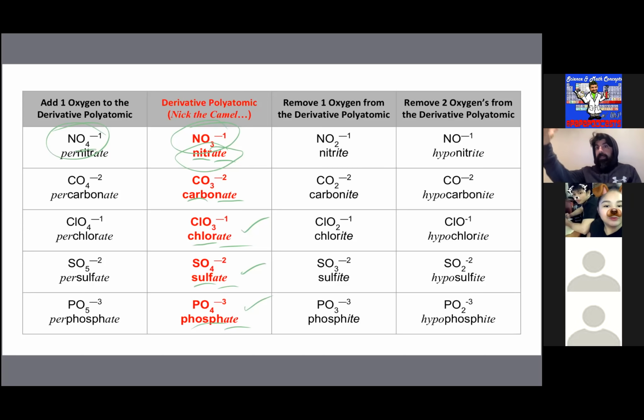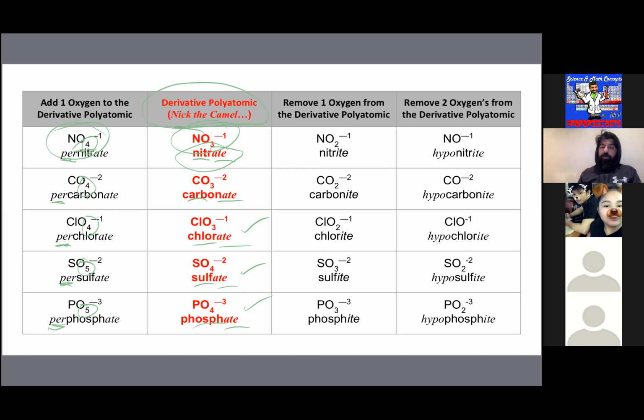That's how that polyatomic ion happens to be. So we add a per in front of the polyatomic if it has an additional oxygen in comparison to the derivative polyatomic. The derivative polyatomic is what we get using that Nick, camel, clam, supper, phoenix.